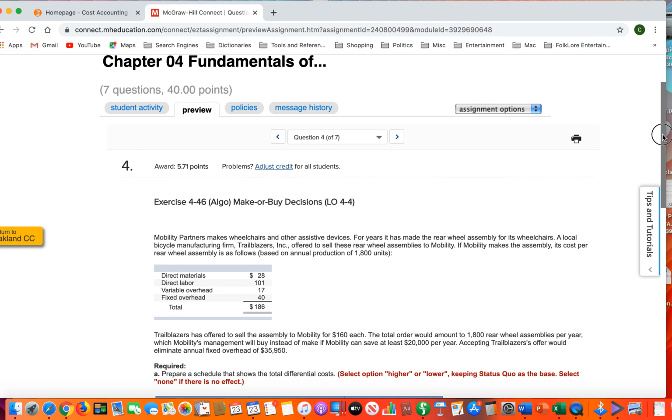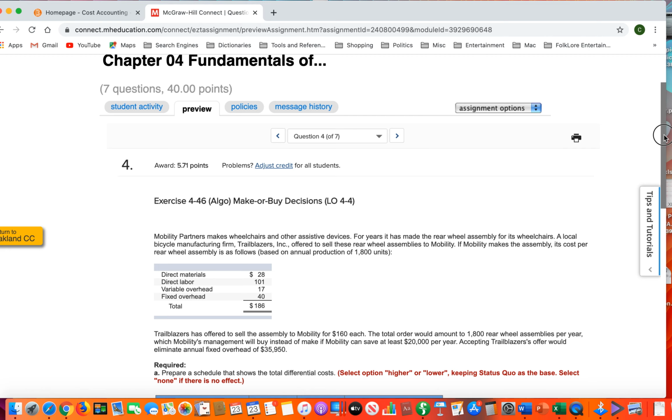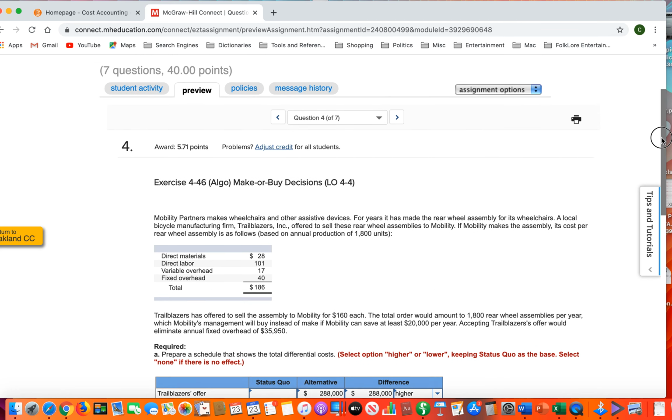And that's the fixed overhead, 1800 times the last number there, times 39. Is it 30? Oh, 40. Okay. So in other words, I constructed a contribution margin schedule or income statement.